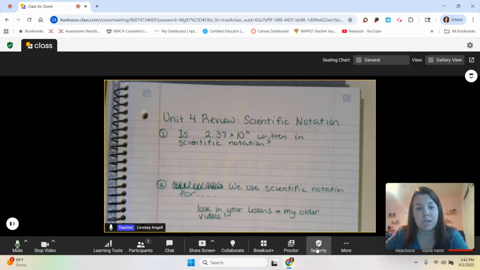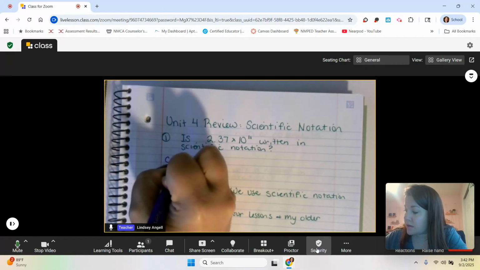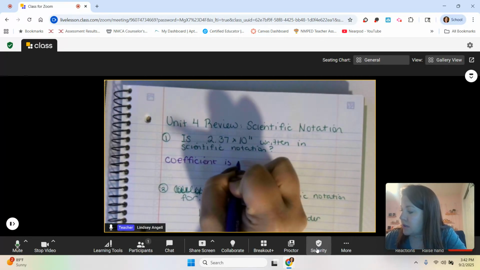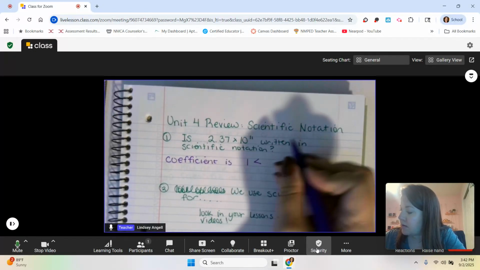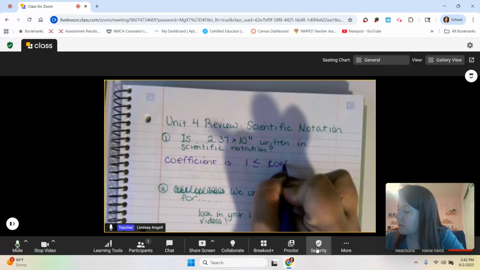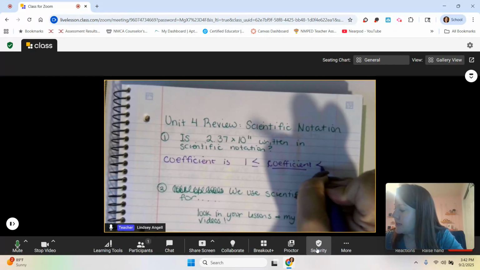Okay. Number 1 is 2.37 times 10 to the 11th written in scientific notation. So the answer is yes, it is. One thing to think about with that is that the coefficient is greater than or equal to 1 and less than 10.